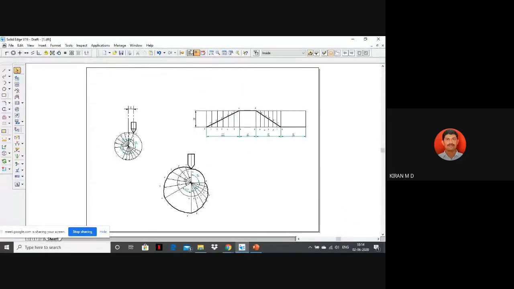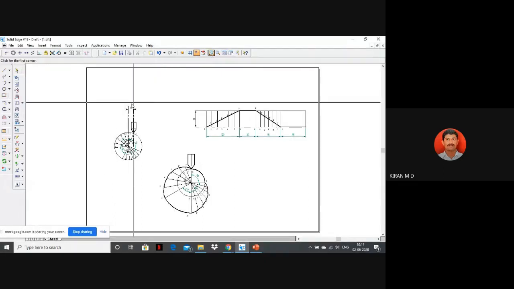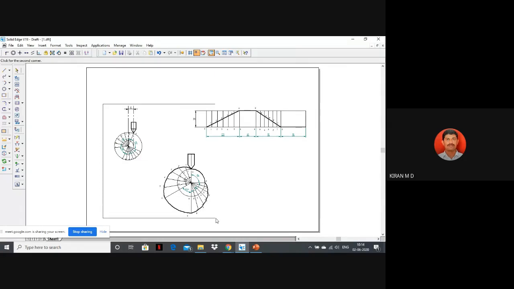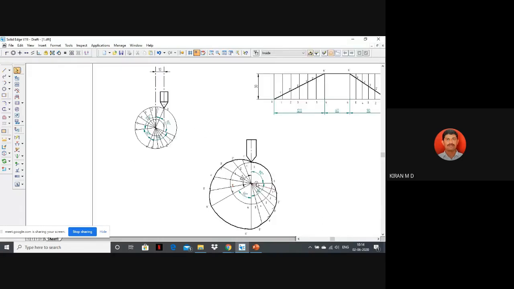See, previously we have extended the line, then we have marked. Okay. So here in this problem, what we have done, when we have extended this line here, we have extended this line from here to here.